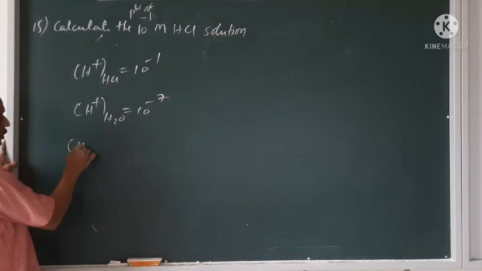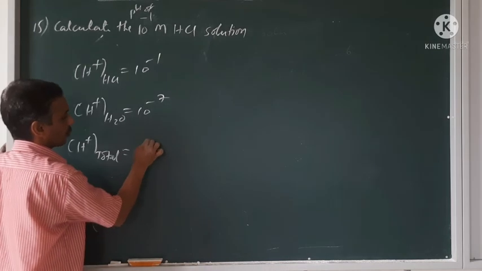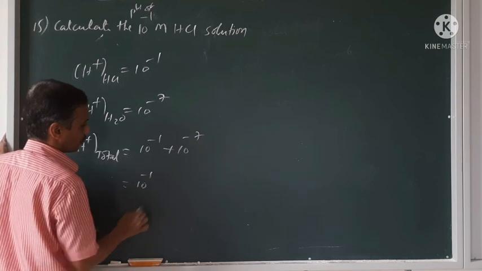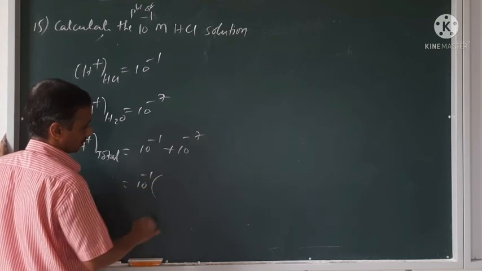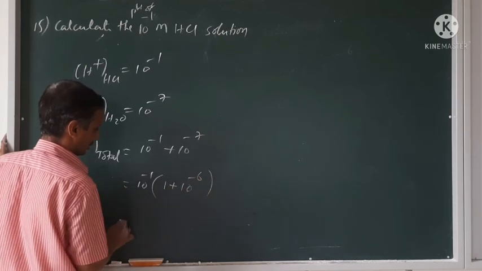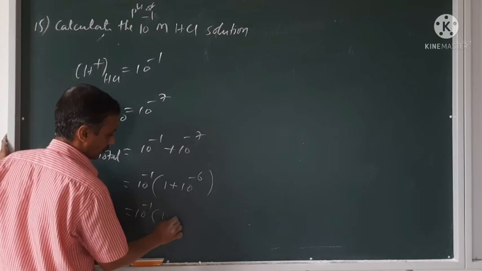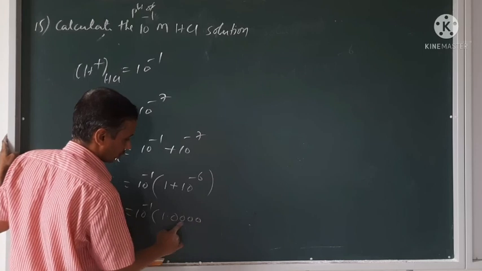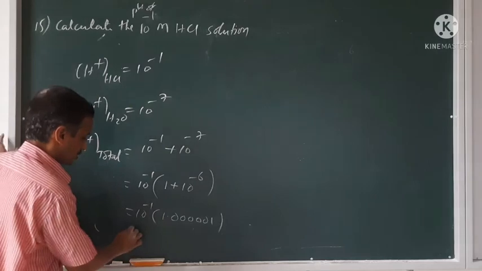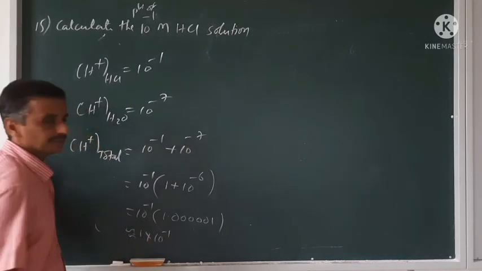So H plus total is equal to 10 to the minus 1 plus 10 to the minus 7. 10 to the minus 1 is common, so it is 1 plus 10 to the minus 6, equal to 10 to the minus 1 into 1.000001, which is almost 1 only, approximately equal to 1 into 10 to the minus 1 only.